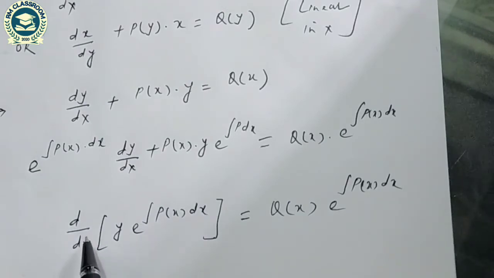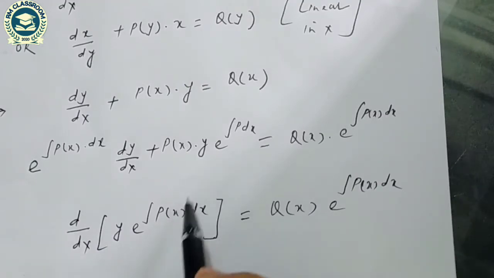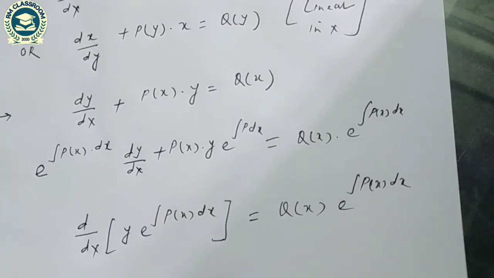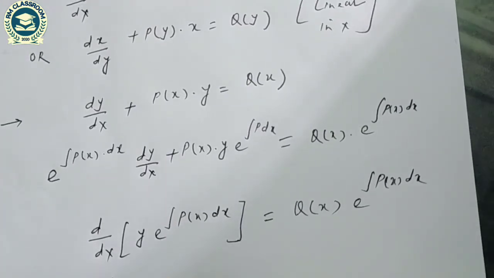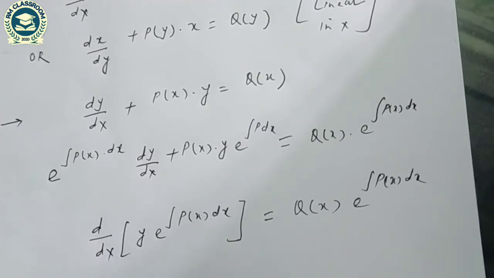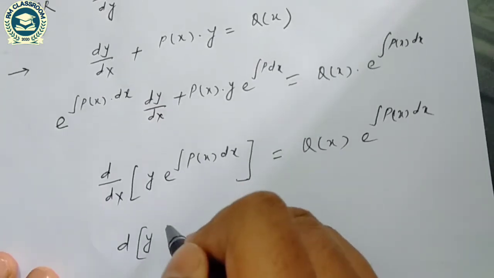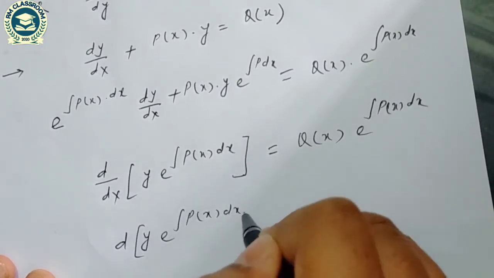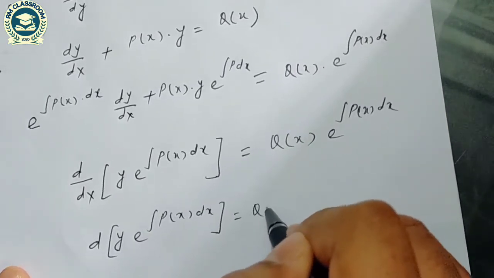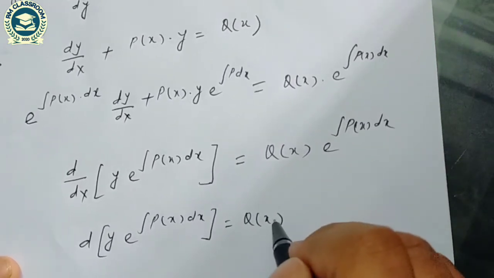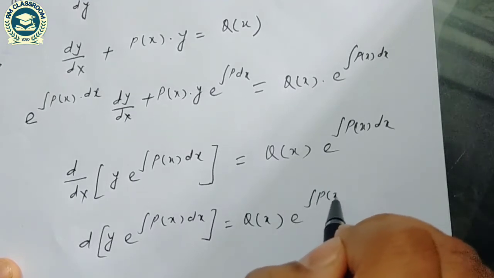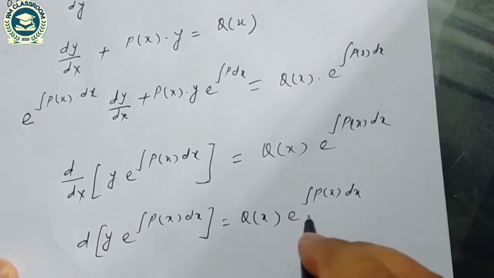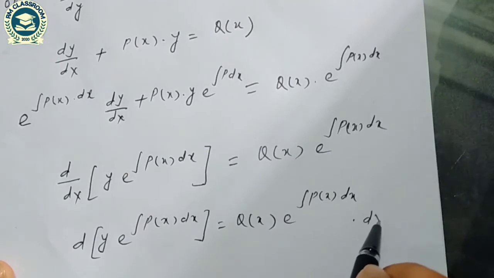If I differentiate, we get dy by dx into e to the power integral P(x) dx plus y into e to the power integral P(x) dx times P(x), so this can be written as d of y e to the power integral of P(x) dx is equal to Q(x) e to the power integral P(x) dx into dx.